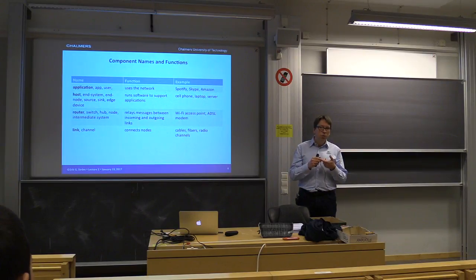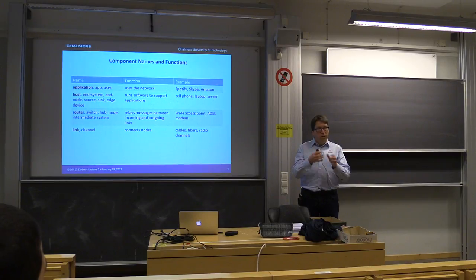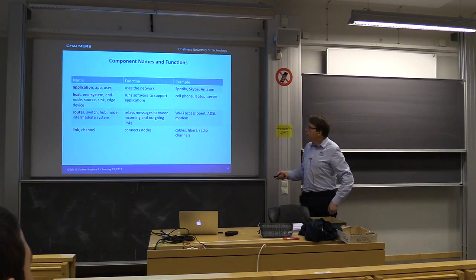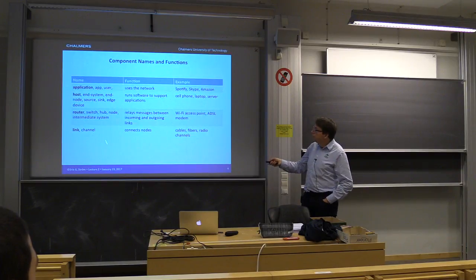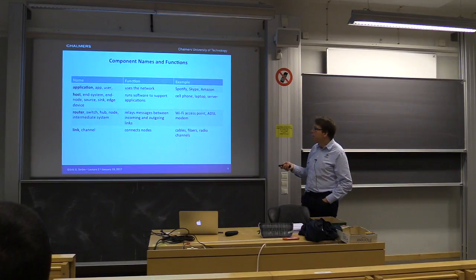So what we need to do is to understand what functions are needed to be executed in the network in order for it to work, and then realize that there are some things that execute these functions, and these are sometimes called different things, right? But anyways, some names, functions and examples might help clear things up.